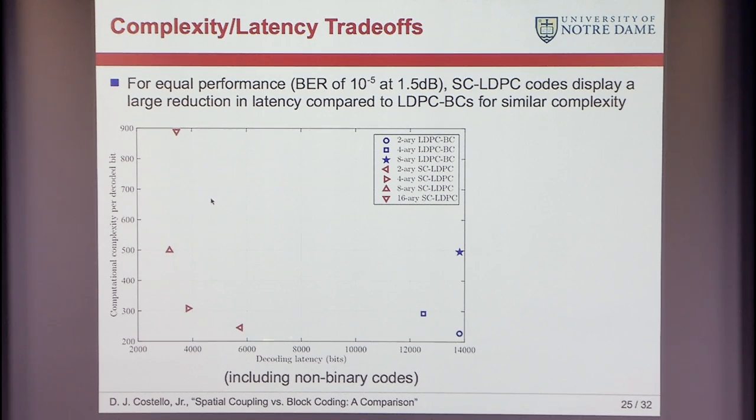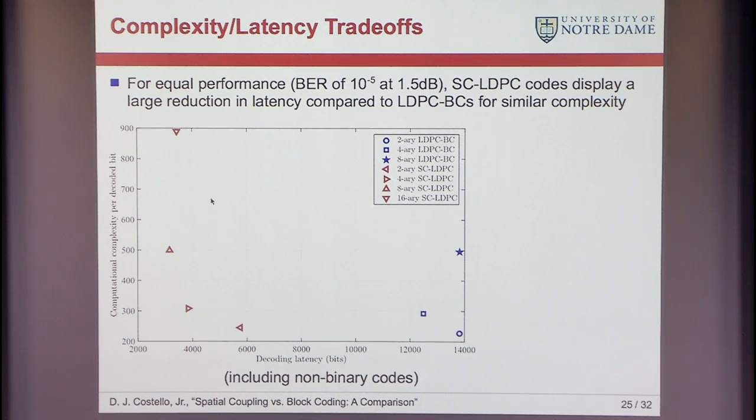So the spatially coupled code gets the same performance with more than a factor of 2 less in latency, a little bit more computation. Same thing more or less with 4-array. A big improvement in latency, more than a factor of 3 here. These are based on random codes, and you could argue about how, you know, if you did this or that or something, but they're representative, I think.